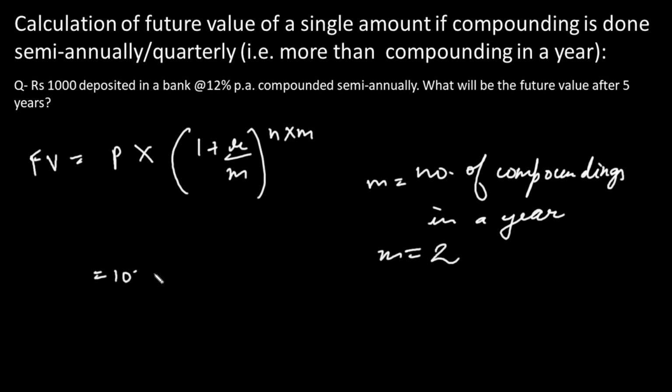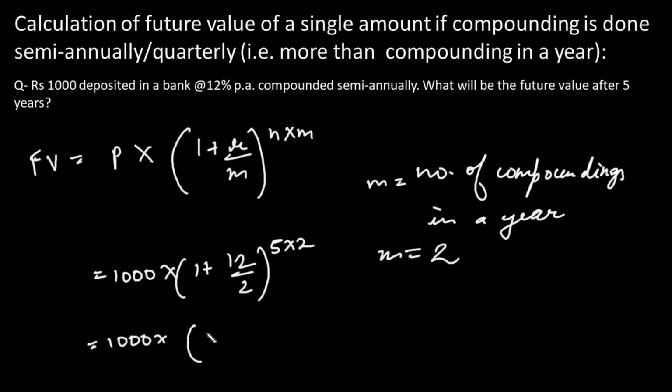So the formula would be 1000 into (1 plus 12 upon 2) to the power 5 into 2, which is (1.06) to the power 10. Okay, so this is how we do it in maths, but we use the same figures to do it as per accounts or FM.